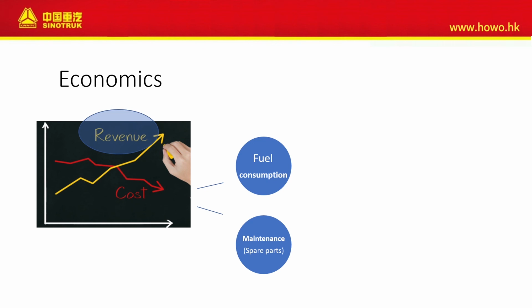Regarding the truck, there are two parts you have to consider. The first is fuel consumption. That can make up to around 30% of your cost, so you have to carefully check the fuel price in your local market. Fuel consumption is decided by many factors. It's a complicated topic, but first you need to check the price of your local fuel.